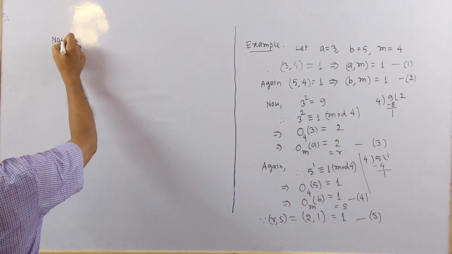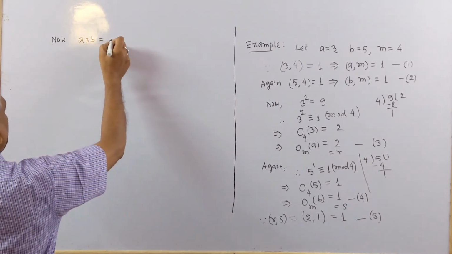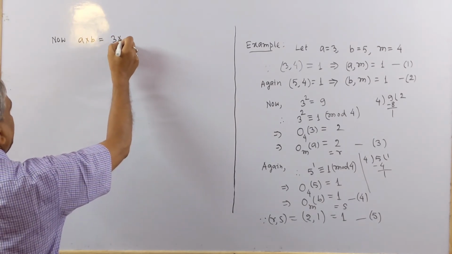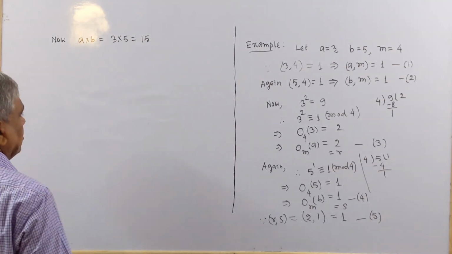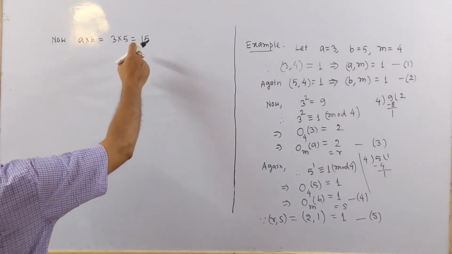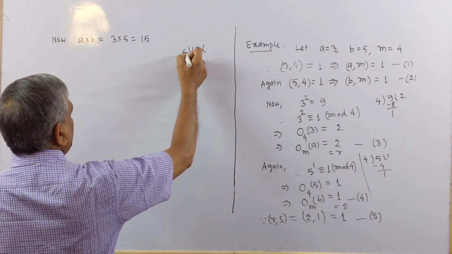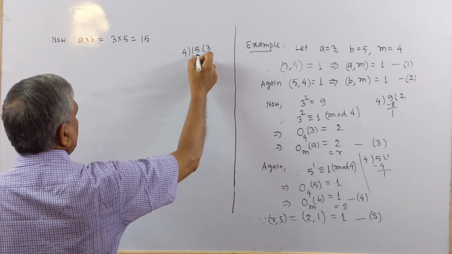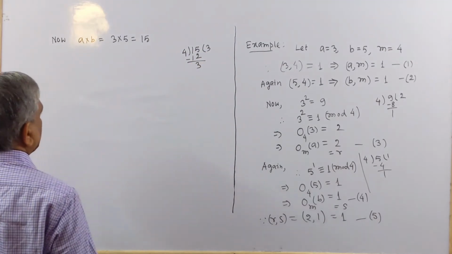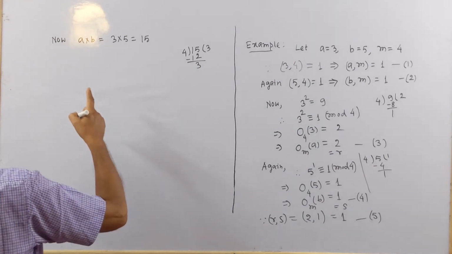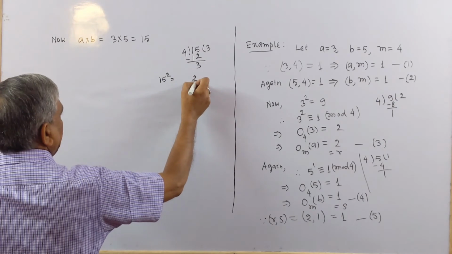Now a multiplied by b, where a is 3 and b is 5, equals 15. When 15 is divided by 4, we get remainder 3. 15 squared equal to 225.